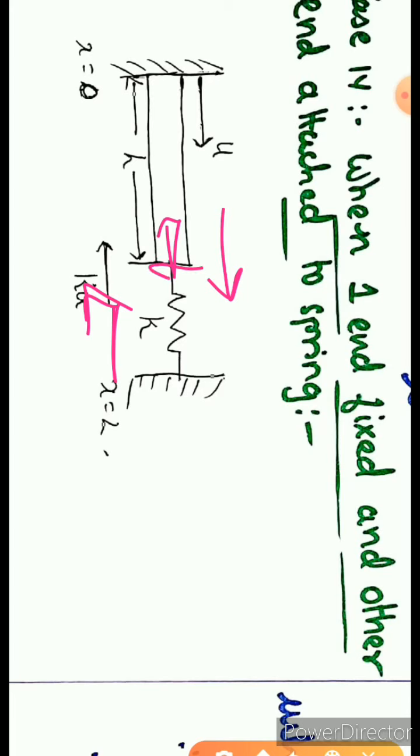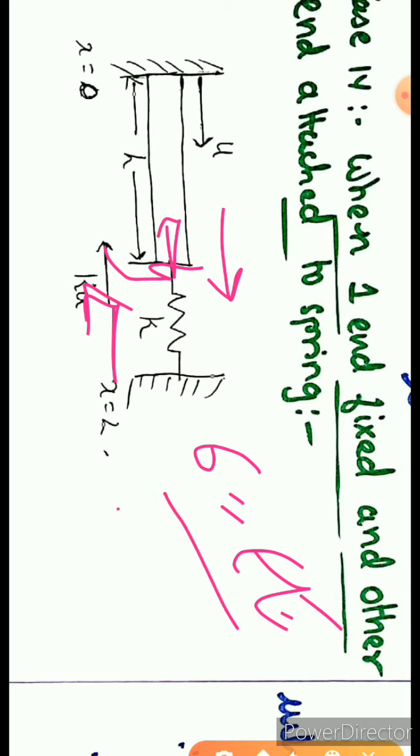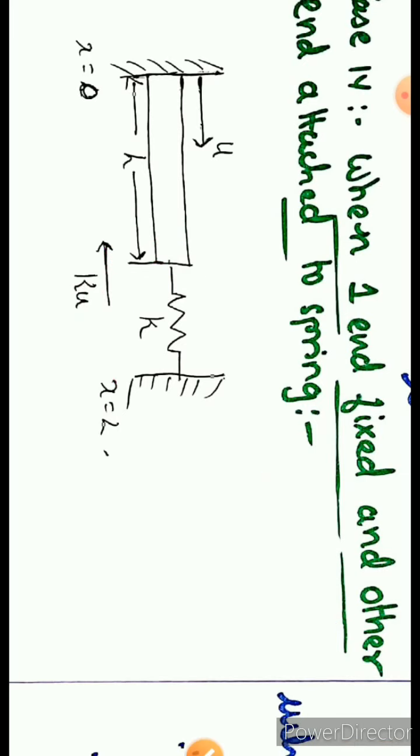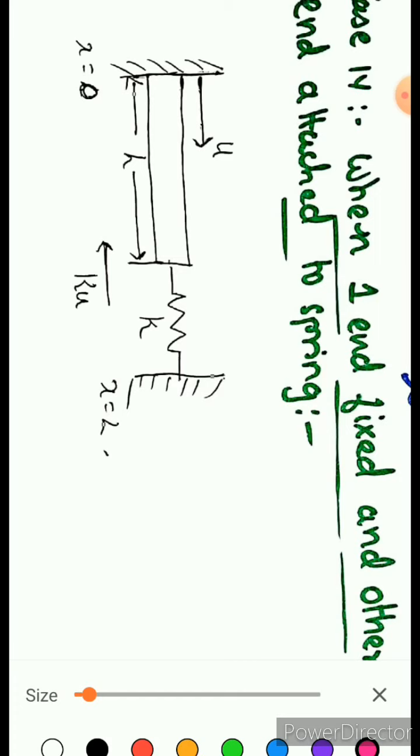At a particular cross section, the force or stress generated in the bar is sigma equals epsilon E, from Hooke's law. Now sigma is nothing but P by A, which is epsilon E, and the strain is the change in length, that is del u by del x.